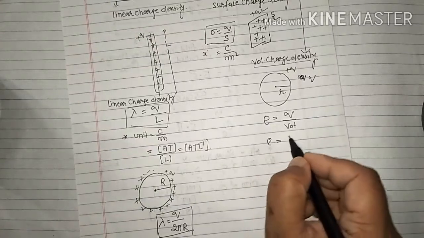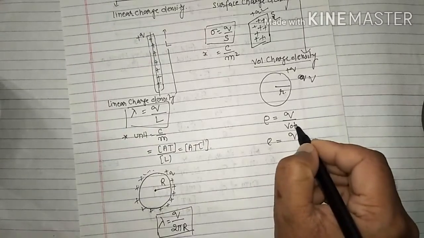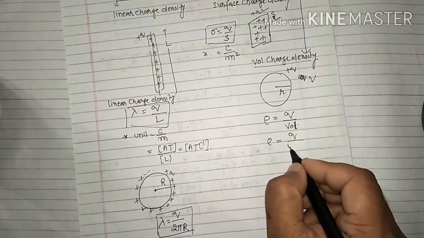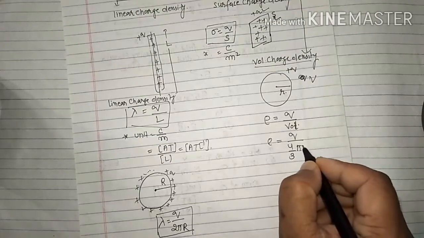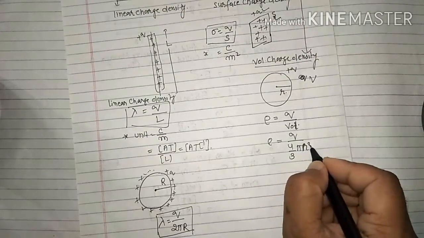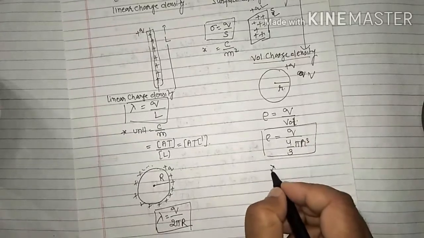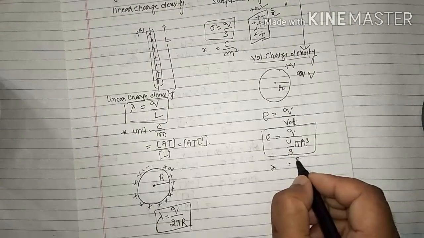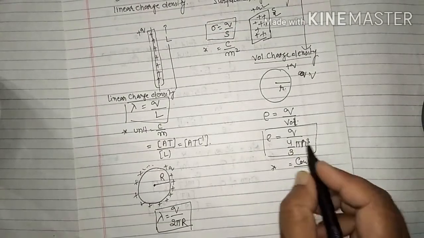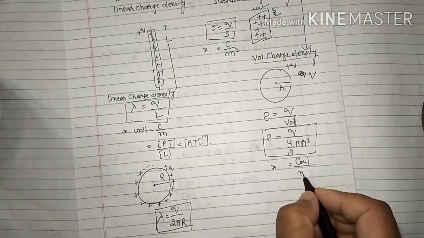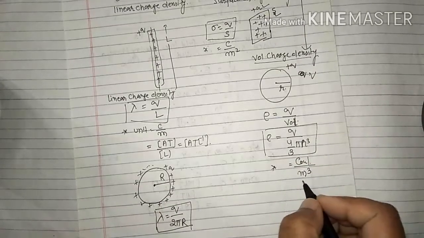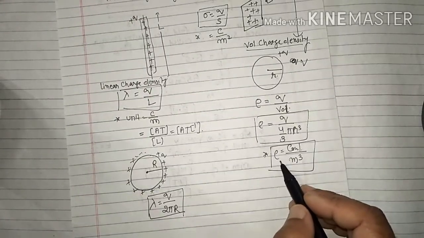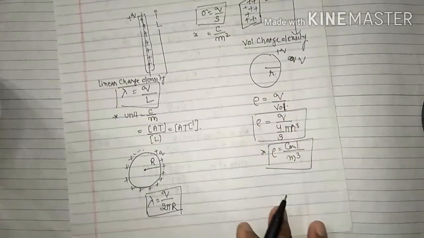So rho is equal to charge upon volume. What will be the volume of this sphere? 4 by 3 pi r cube, and the unit will be, charge can be measured in coulomb, upon volume meter cube. So coulomb per meter cube will be the unit of this volume charge density.